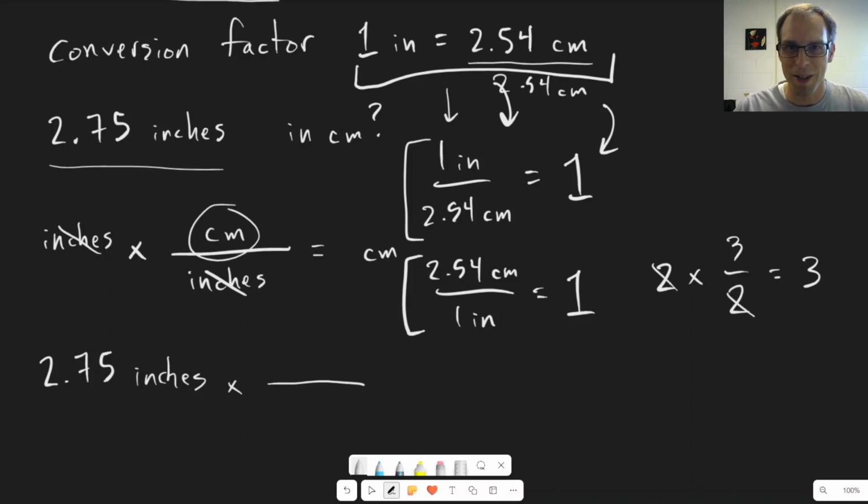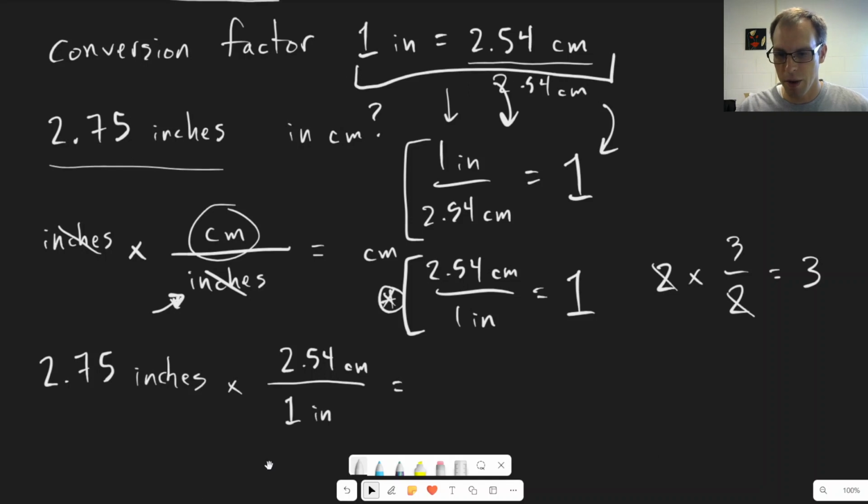I encourage you to pause the video, think about it, and once you have an answer, let's move forward with it. And you can double check and see if you agree with me. So what we want is something that has inches on the bottom so that we can cancel out the units. That means we want to use this conversion factor here, where our 1 inch is on the bottom. So we'll put 1 inch on the bottom here, 2.54 centimeters on the top here.